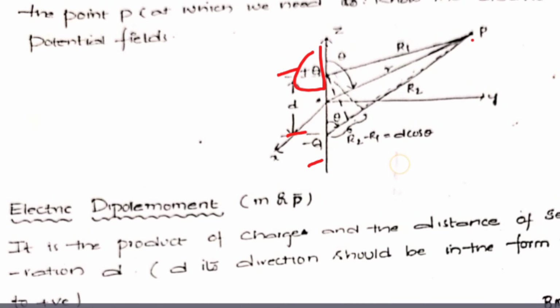If you apply the angle theta here, we can write r2 minus r1 equal to d cos theta. We will see the mathematical analysis in depth again.